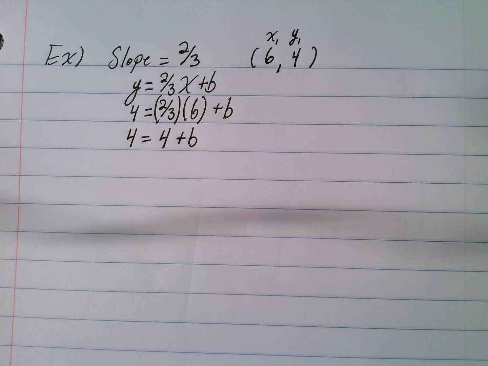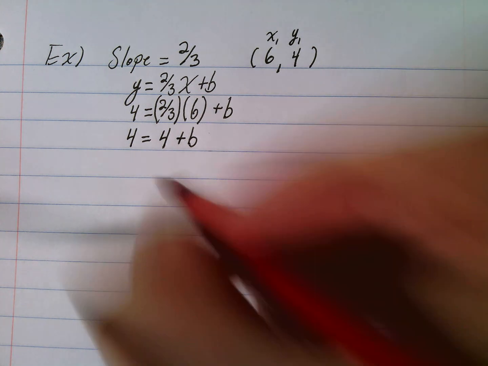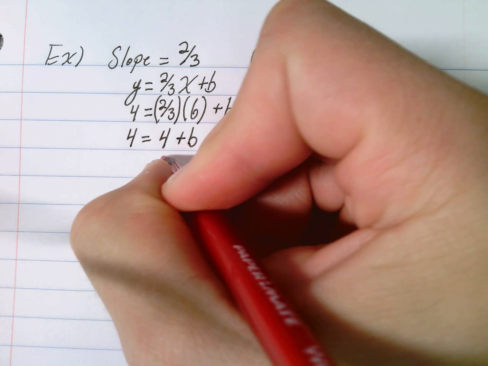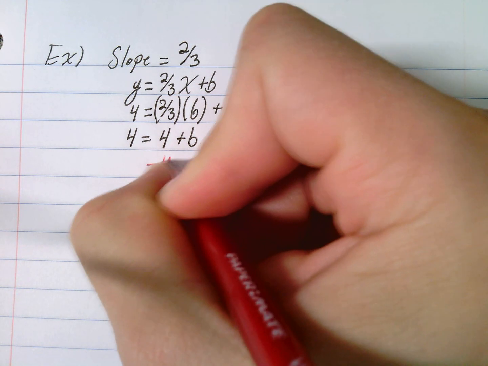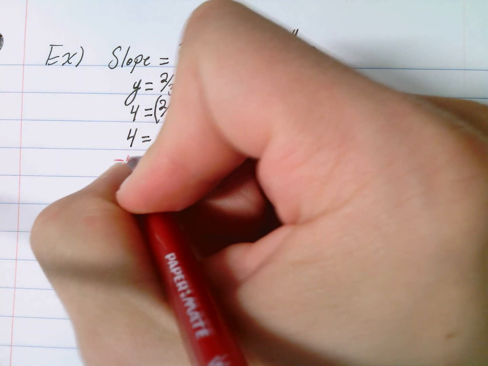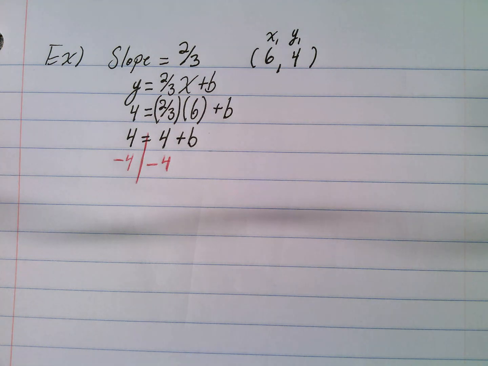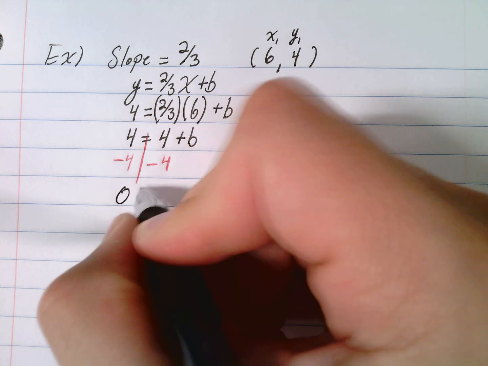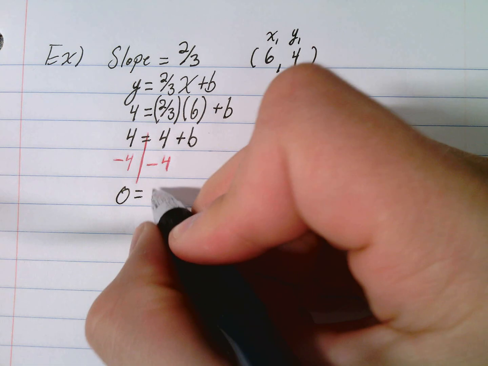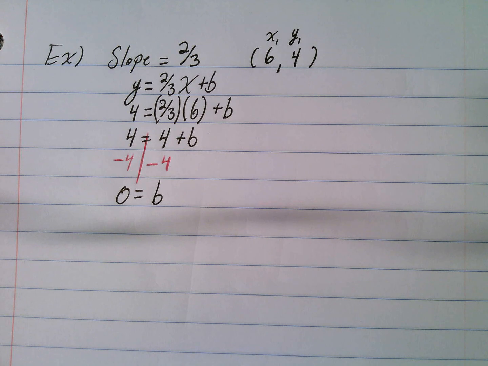How do I solve for b? Subtract 4. If I do it to one side, do it to the other. And there's my sides here. What's 4 minus 4? 0 is equal to b. Cool. There's one with a fraction.